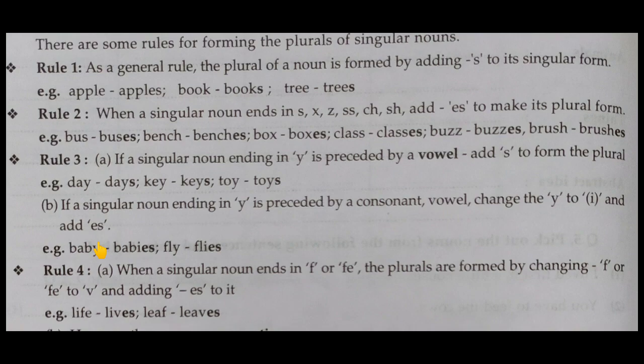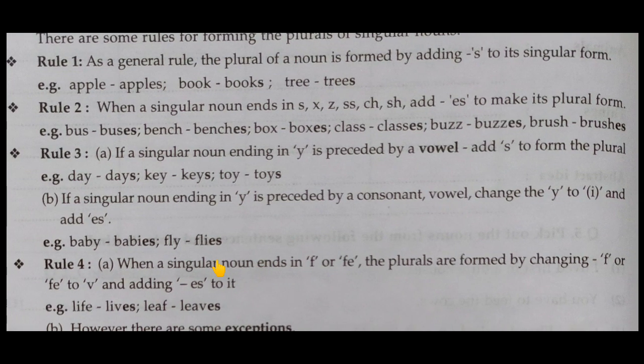So these two rules are very different. What is common is that the word is ending with y, but depending on its preceding letter, its plural form is changed, okay. So here we just add s, and here we have to convert y to i, and then we have to add es to that.